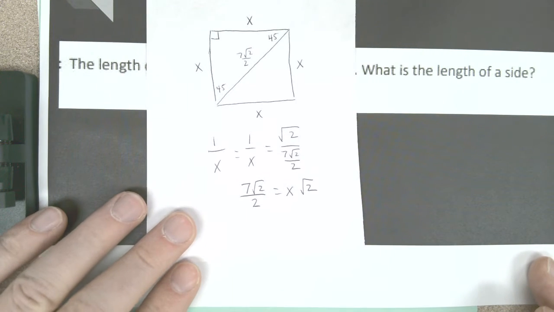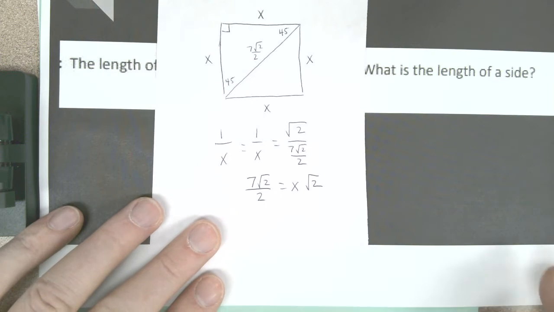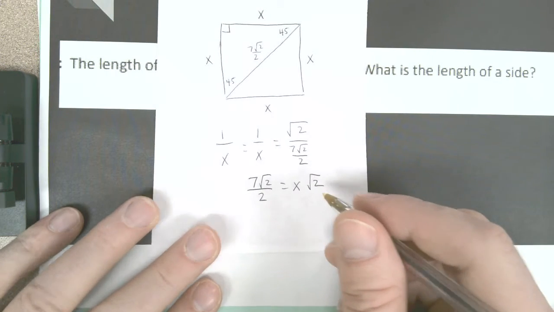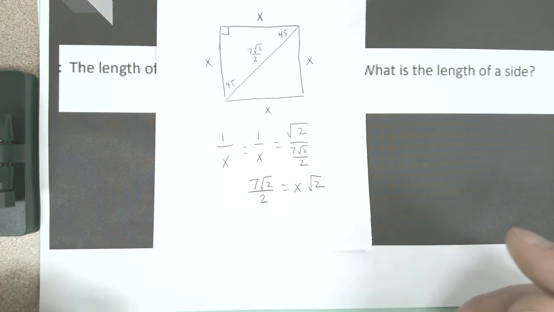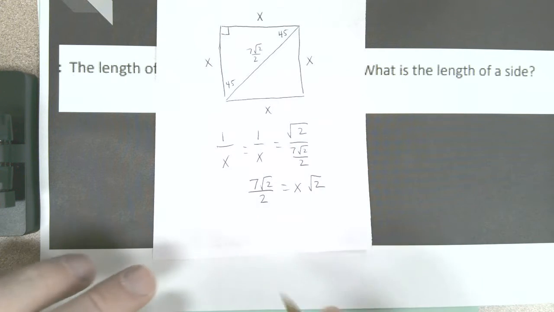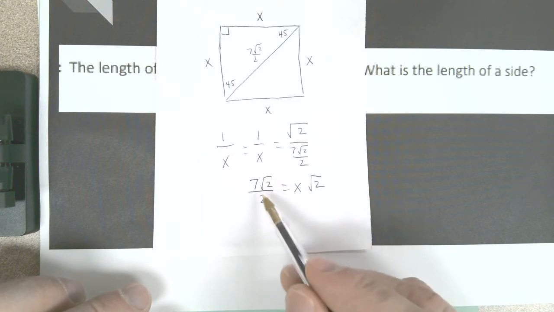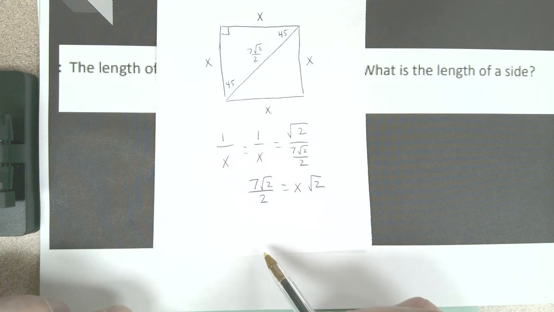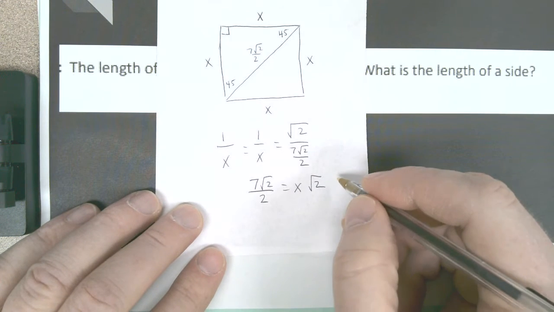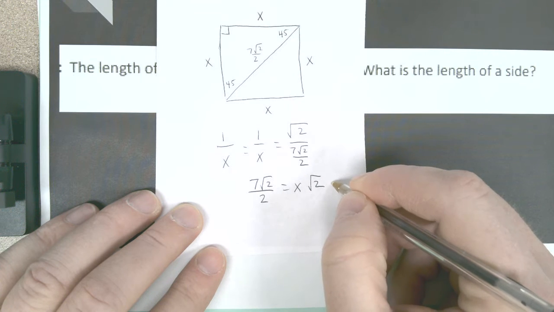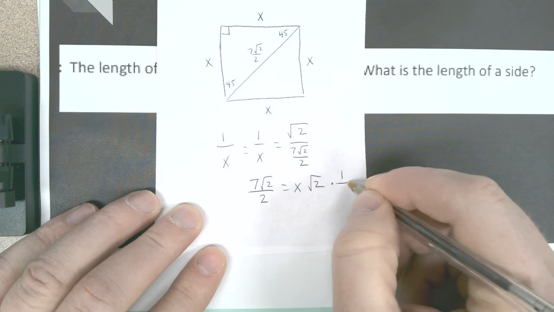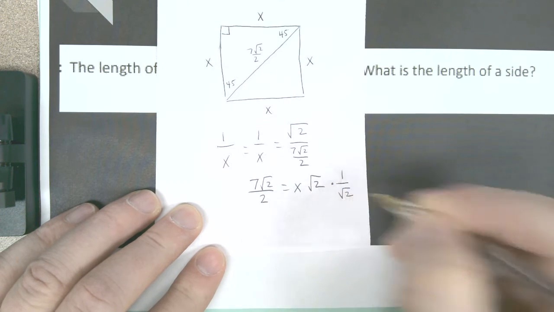Now, if I want to solve that for x, I'm going to divide both sides by radical 2. To help you with this, because we've got a fraction over here, dividing a fraction by something else makes it complex. So what I want you to think about is when I divide by radical 2, that's really like multiplying by 1 over radical 2.